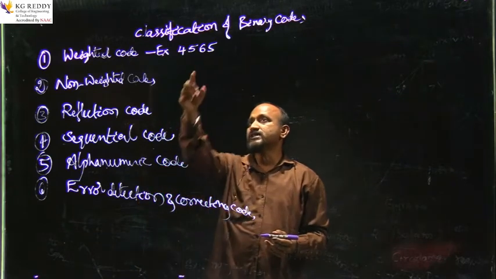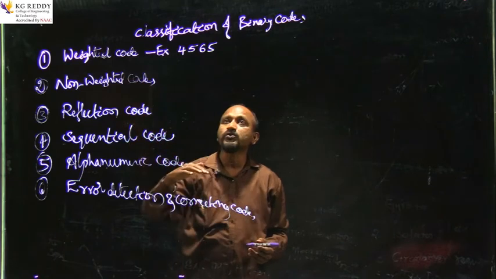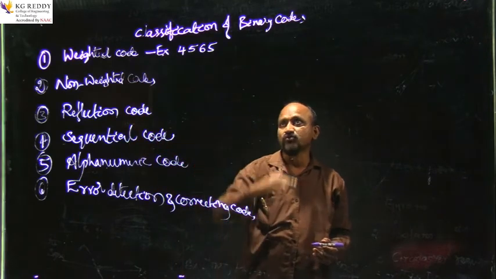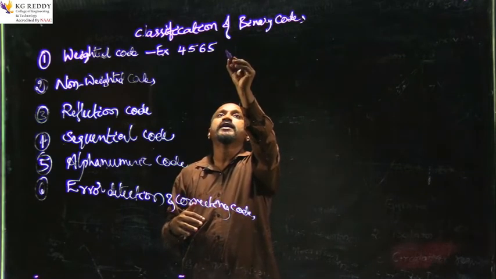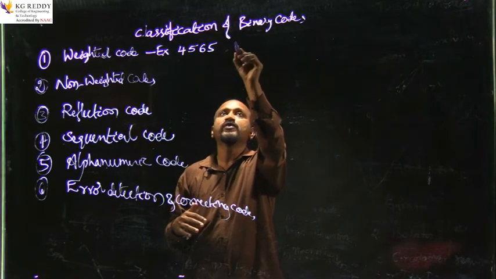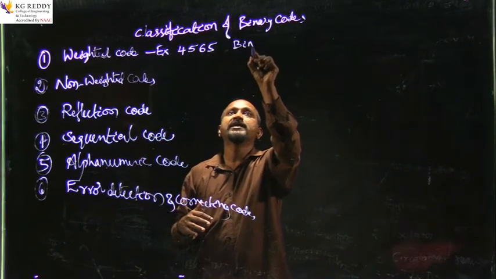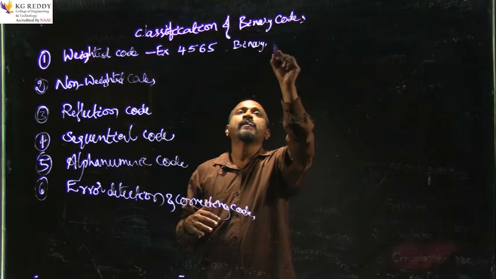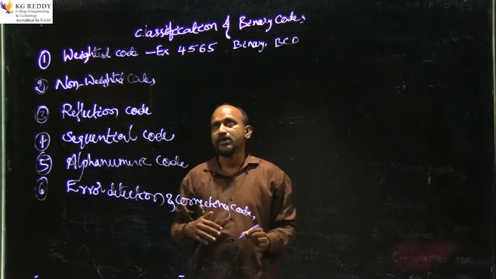Under this weighted code we have various types of binary codes. Binary and BCD are examples of weighted codes.